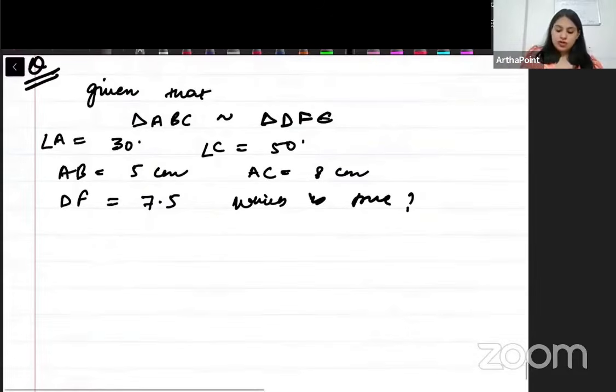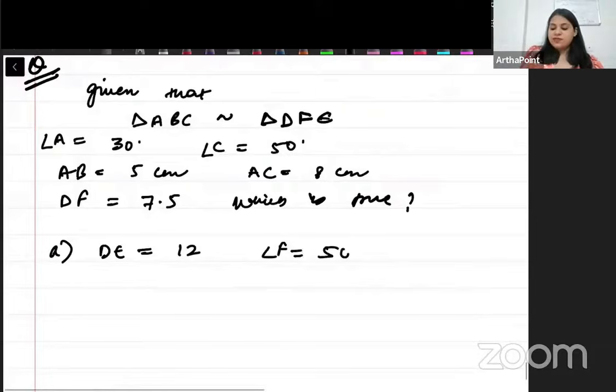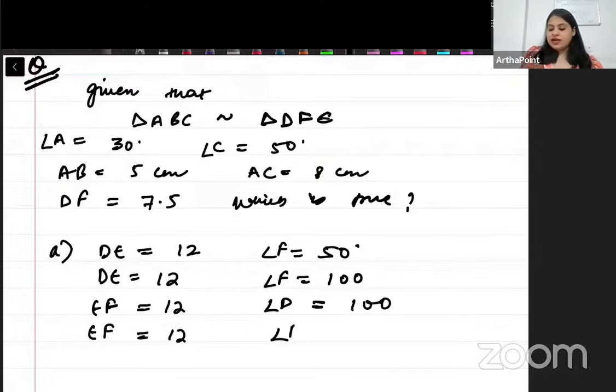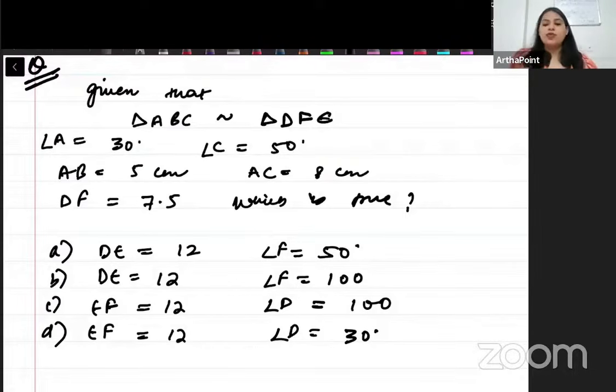Please write down the options, beta. First option, DE is 12, angle F is 50. Second option, DE is 12, angle F is 100. Third option, DEF is 12, angle D is 100. And fourth option, EF is 12, angle D is 30 degree. So which of the following is true? That is what you have to go ahead and tell. ABC and DEF are similar to each other.